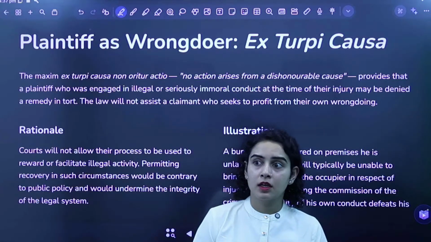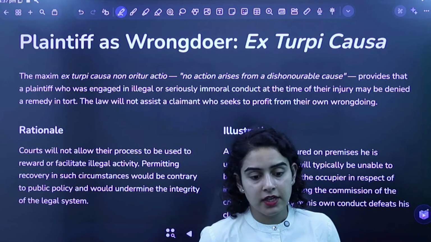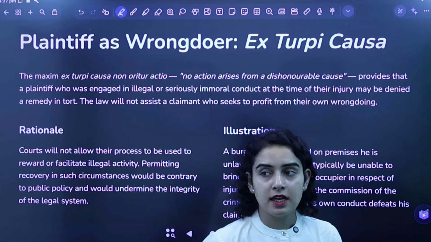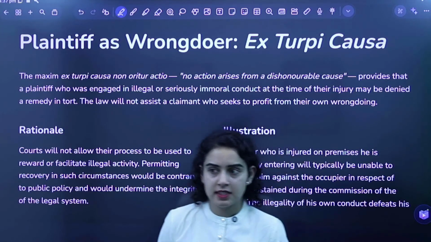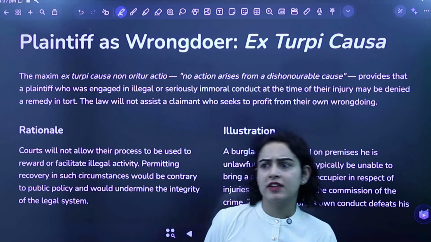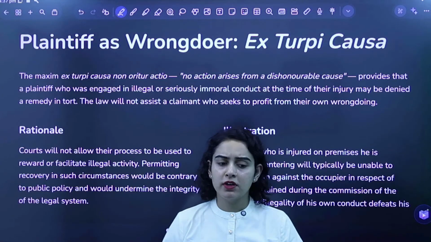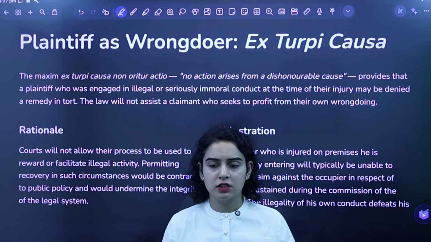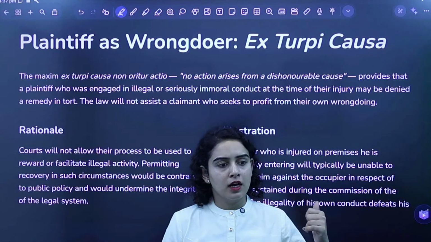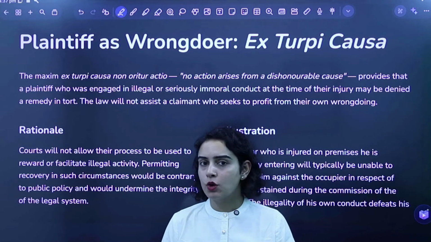Let's say you are driving on the road and there's another person who's driving. You are driving recklessly, but the other person is also driving recklessly. Okay? Both of you are driving recklessly and you bump into each other. There is a head-on collision. You take accountability for what all you have done wrong.